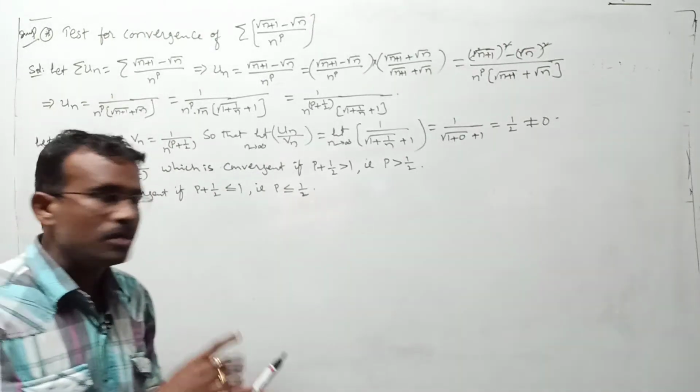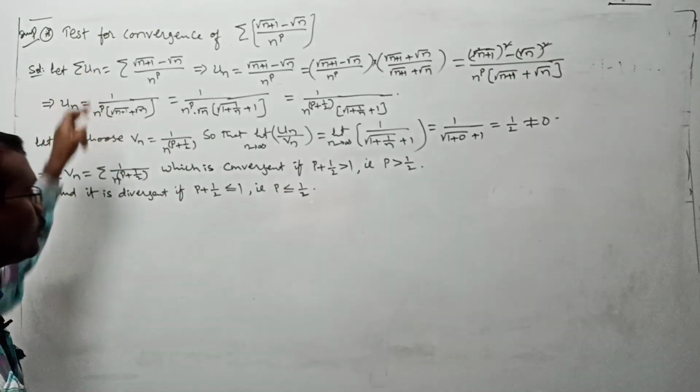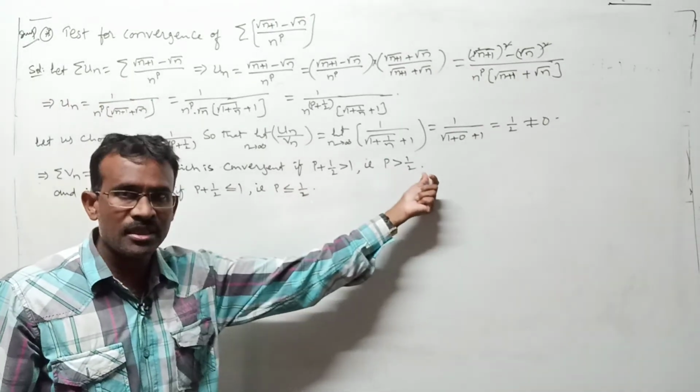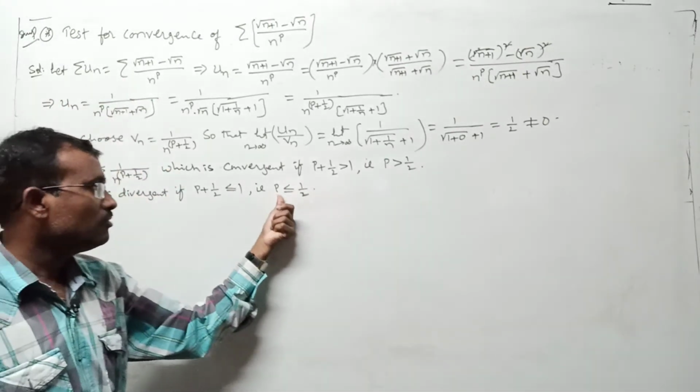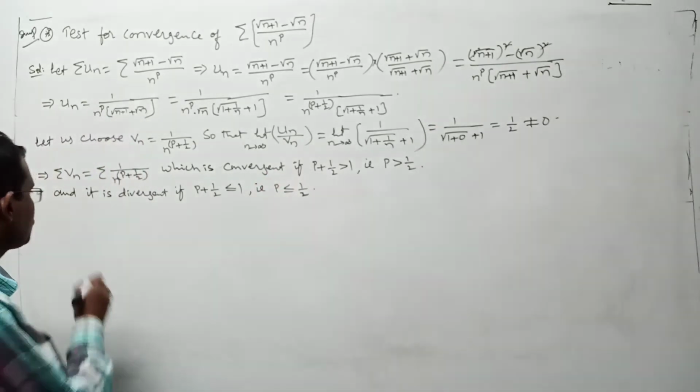This same part you can use for your sigma un also by the limit comparison test. According to the limit comparison test, sigma un is convergent whenever p is greater than 1 by 2, and it is divergent when p is less than or equal to 1 by 2. Those words I am writing here.